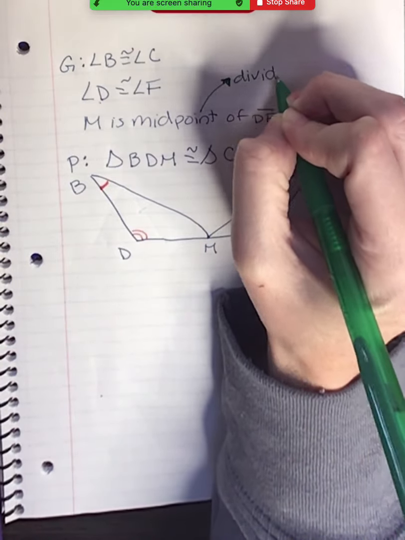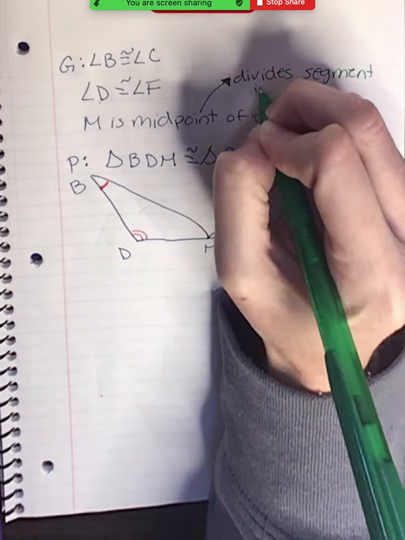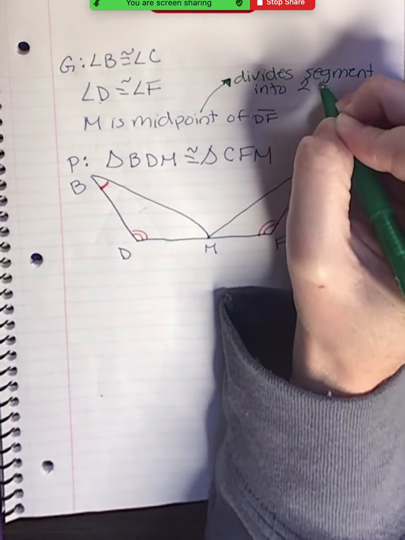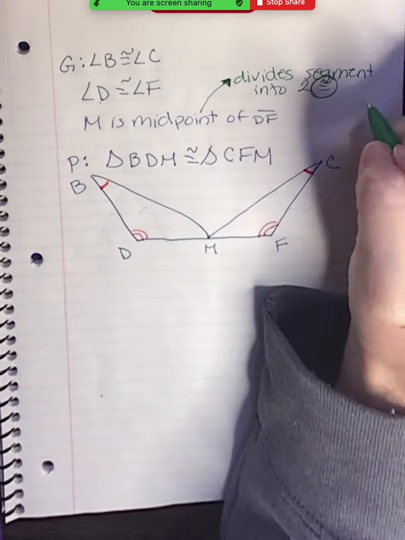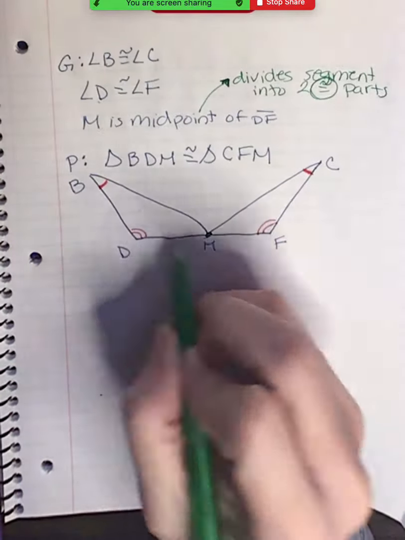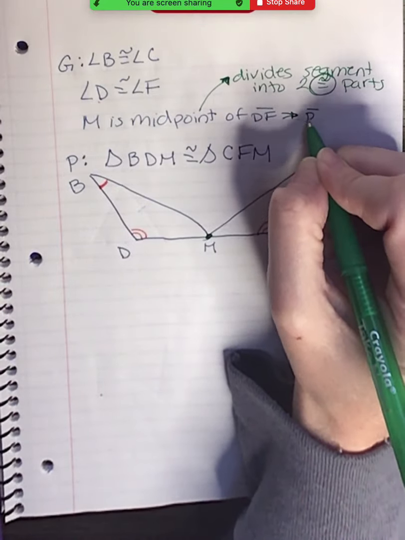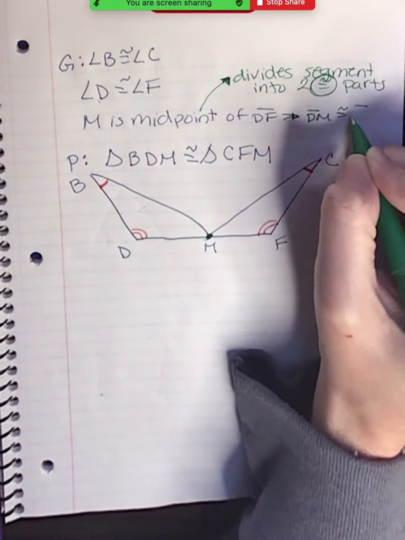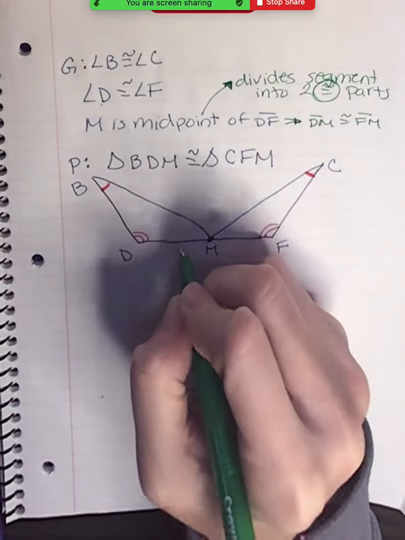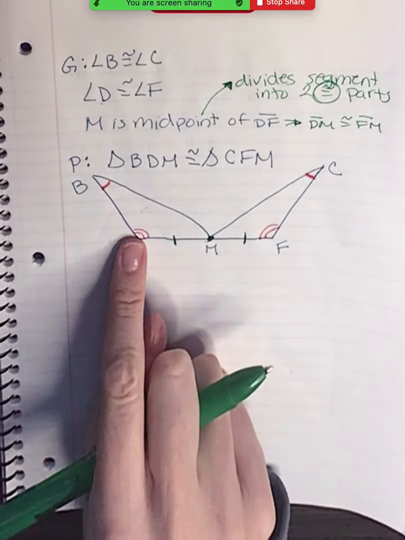Divides your segment into two congruent, that's key, parts. Okay, so if M is the midpoint of DF, that tells us that DM is congruent to FM. So angle, angle, side.